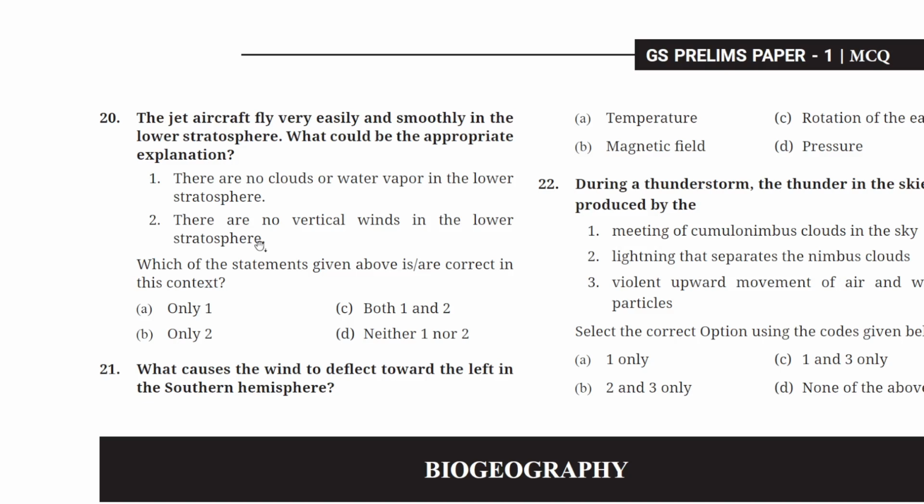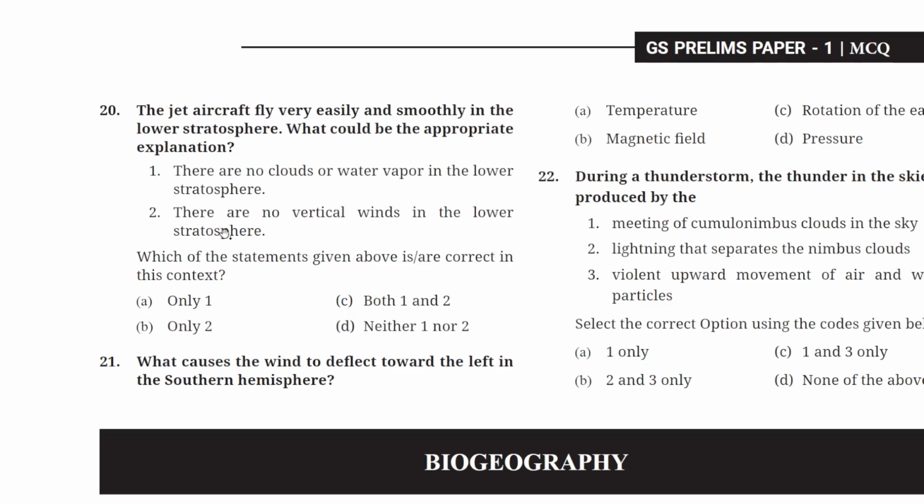Yes, this is also true. The stratosphere is free from the violent weather changes which occur below in the troposphere. There are no clouds and the air is dry with little water vapor. There is no vertical convection in the stratosphere. So these are the reasons because of which the jet aircraft fly very easily and smoothly in the lower stratosphere.